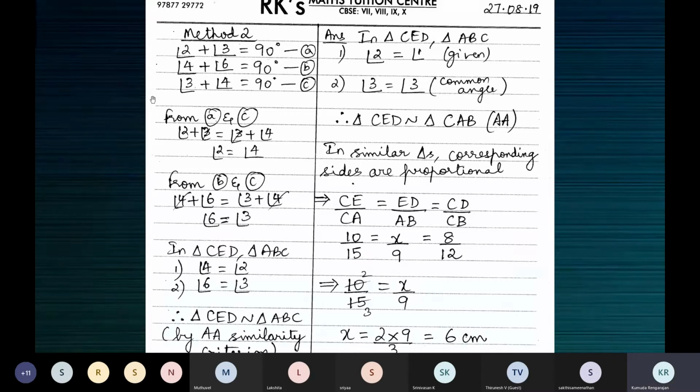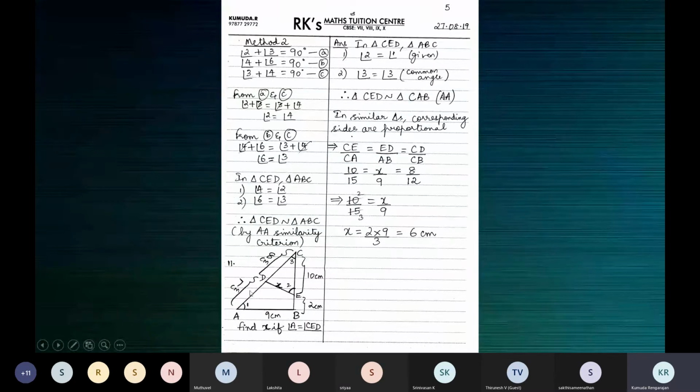Okay, once you prove the triangles are similar, we know that in similar triangles, corresponding sides are proportional. So how do we write that? CE by CA is equal to ED by AB is equal to CD by CB. So this is true. Now substitute the values. We have some values given in the figure.